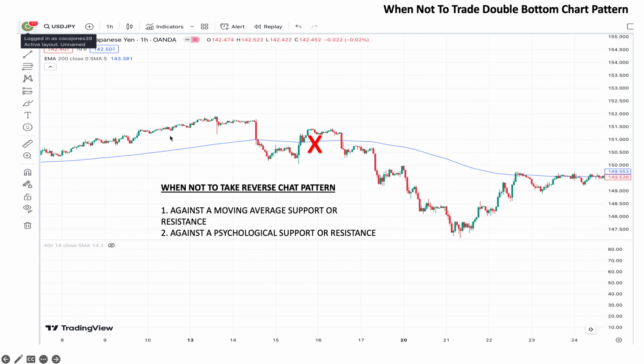Now, when not to trade a double bottom chart pattern. You don't trade a double bottom when it's against a moving average support or resistance, because literally there is another support on the way.